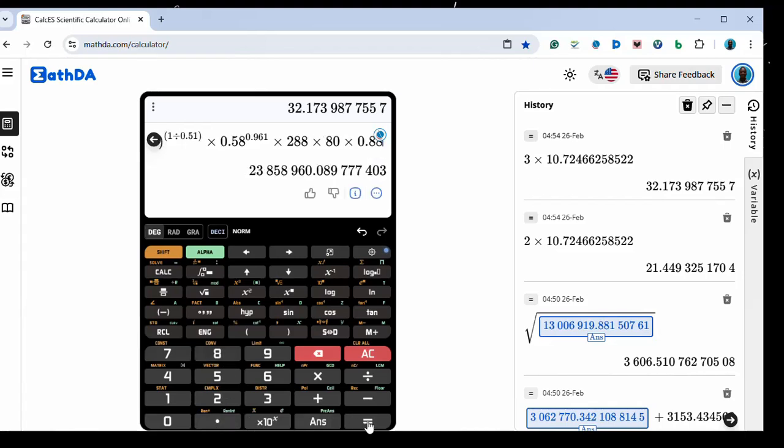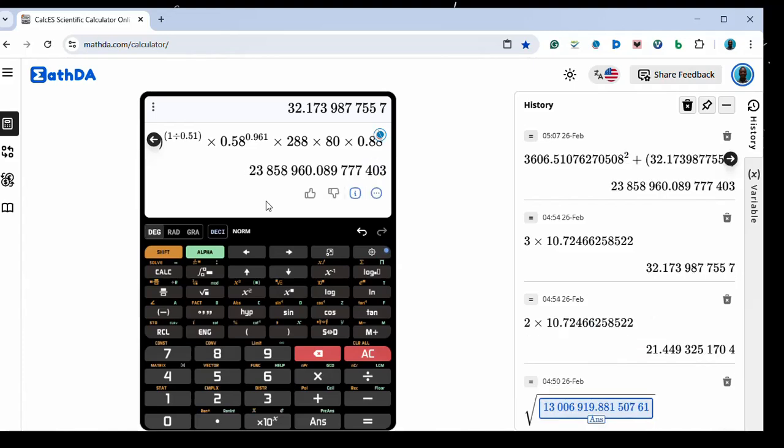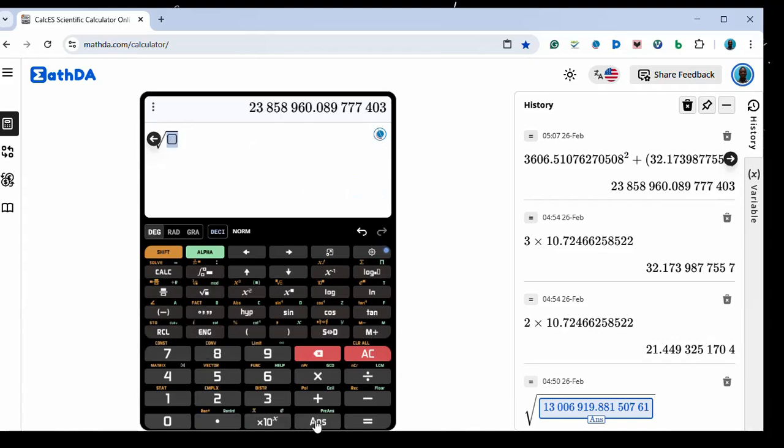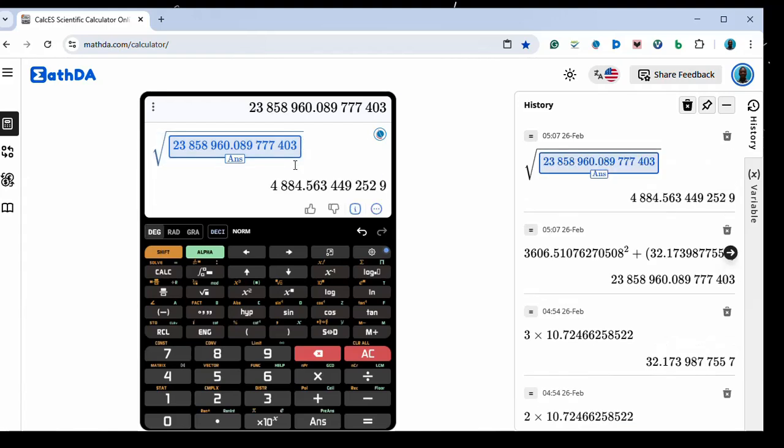Now this should be equal to what? Now this is what we have. Let's take the square root of this answer. We have 4,884.6.